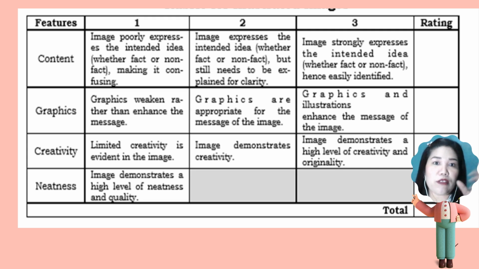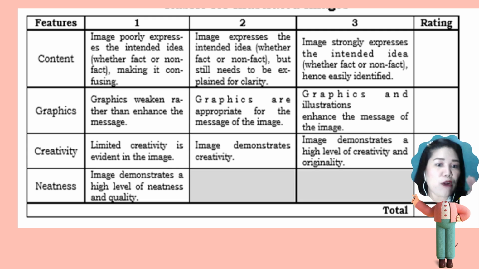And we will go back to the features column. We have there the creativity. You will get 1 point if limited creativity is evident in the image. And you will get 2 points if the image demonstrates creativity. And you will get 3 points if the image demonstrates a high level of creativity and originality.